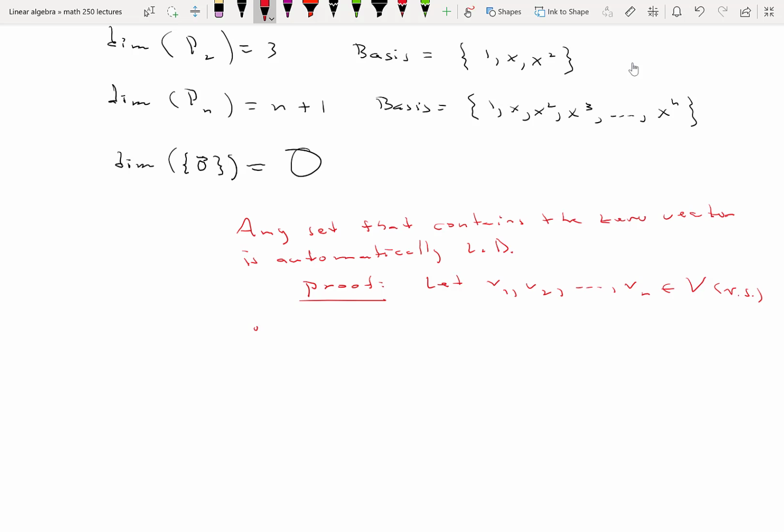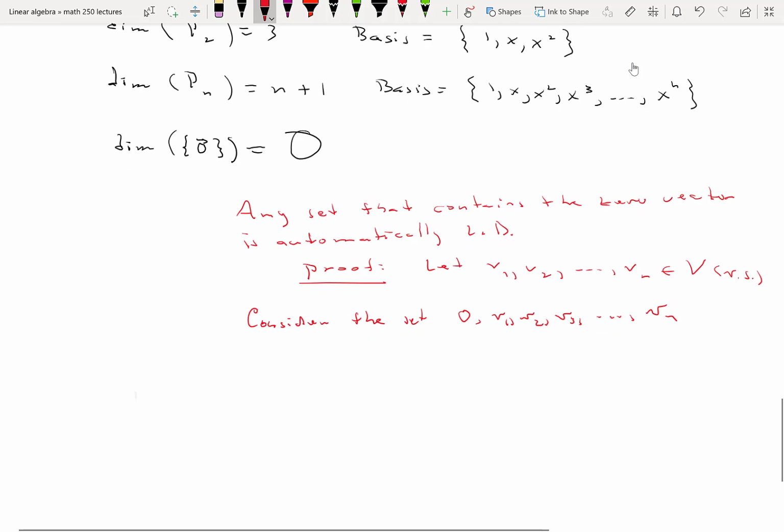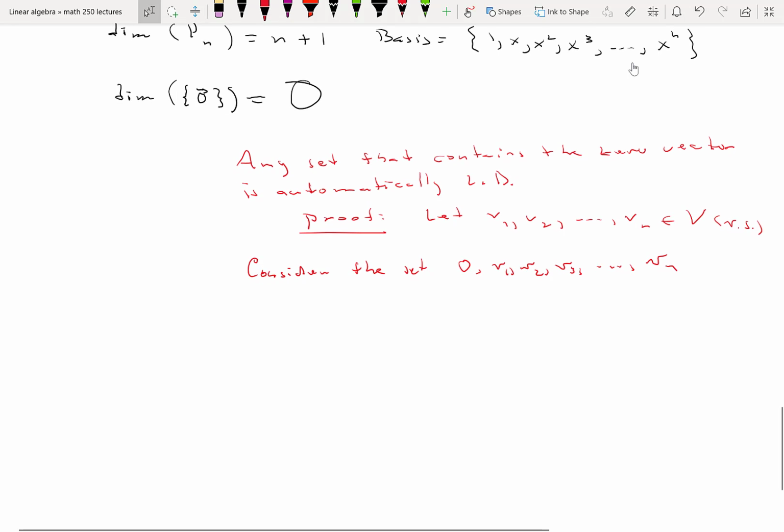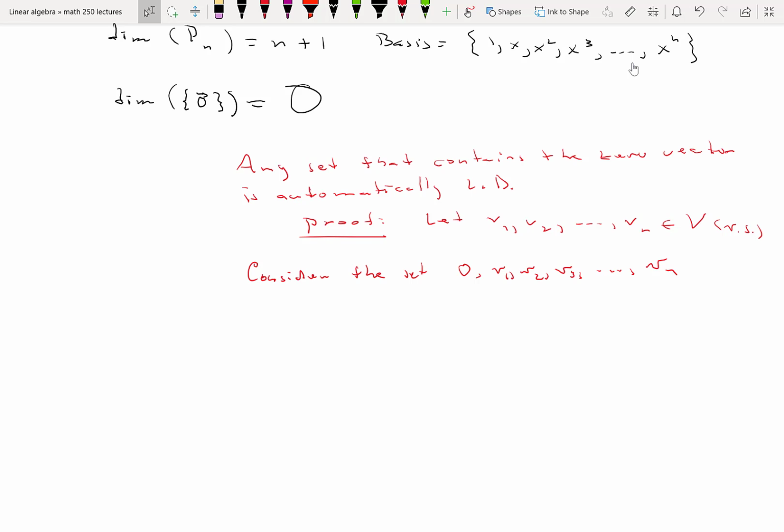So now consider the set 0, V1, V2, V3, all the way up to Vn. So now I've taken a set of n vectors from a vector space. Now I'm plopping the zero vector in with that set. And I'm going to show that that set must be linearly dependent, no matter what the vectors V1 to Vn are. If you add another vector 0 in there, you automatically have a set that's linearly dependent. Here's the proof.